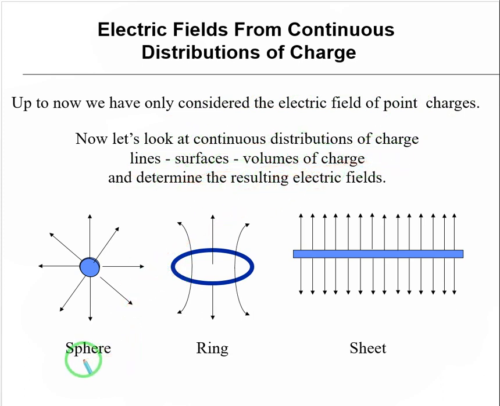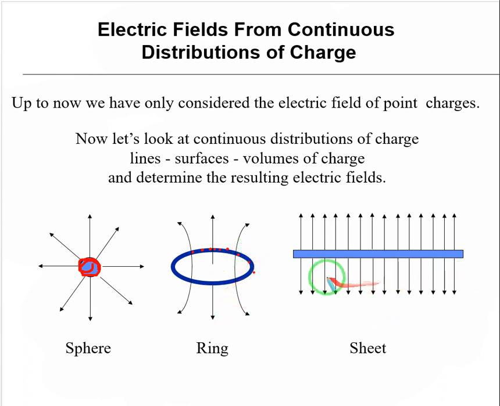Let's say we have a sphere. You can see a sphere like a ball, and in a ball you have a number of charges. All the charges will be in a continuous form, a continuous way of distribution. Once we have a ring, the charges will be distributed continuously in a ring shape.